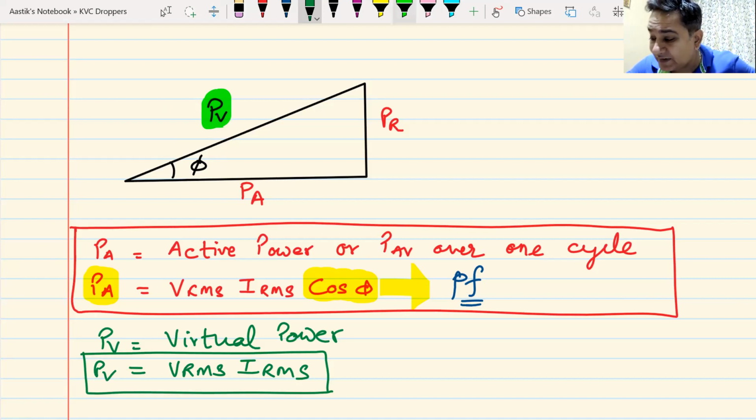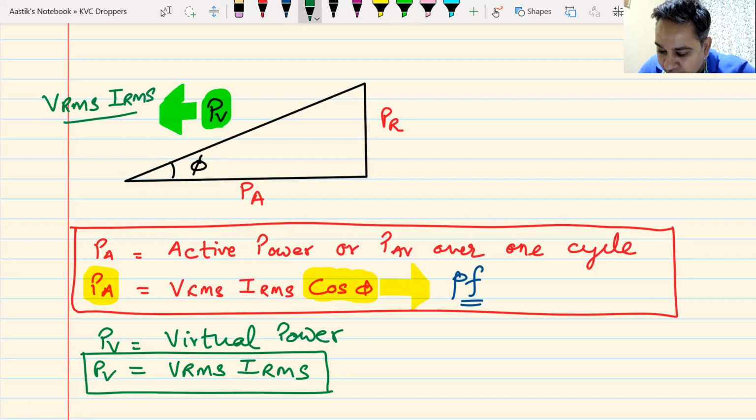I hope I am making sense. Even if I am talking nonsense, you just write it down. So this is VRMS multiplied by IRMS. Don't forget this.